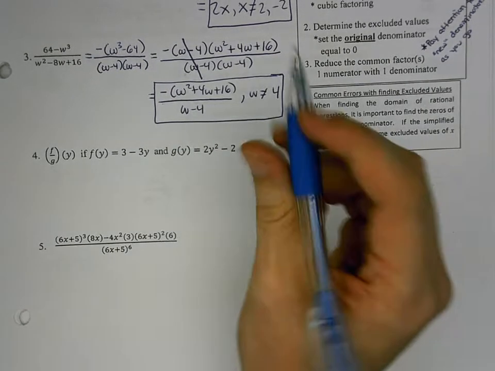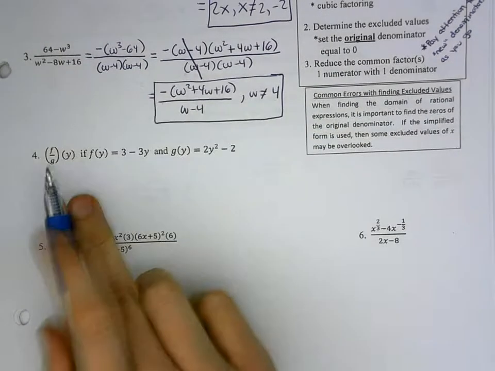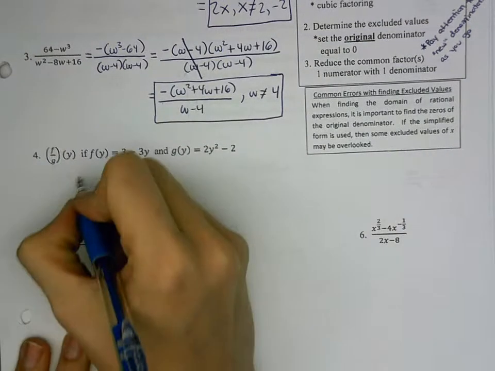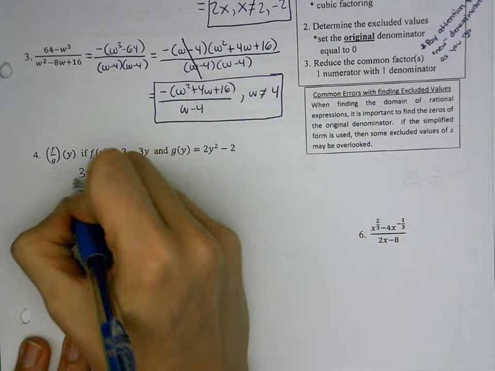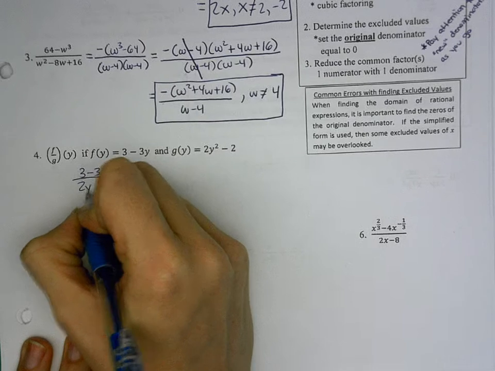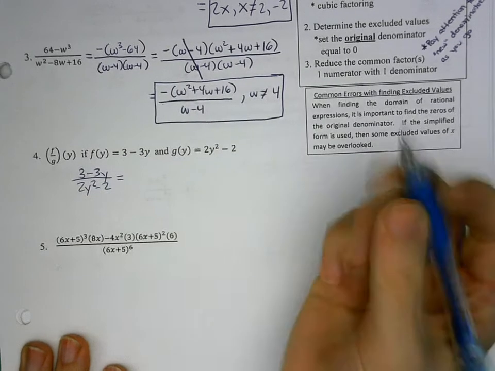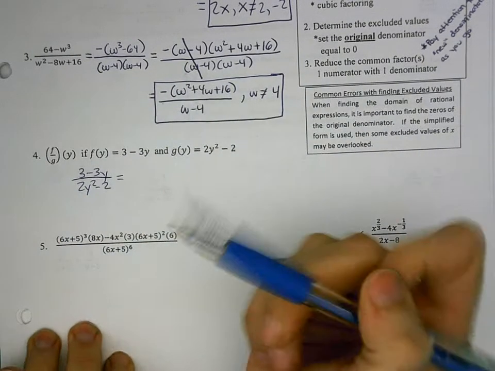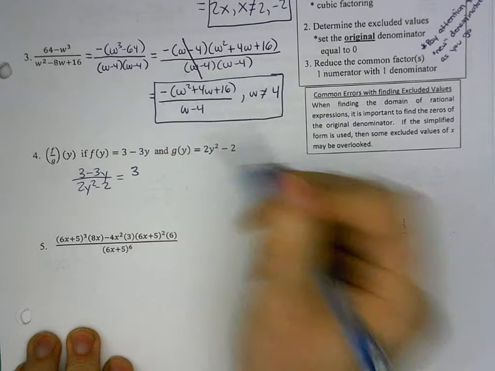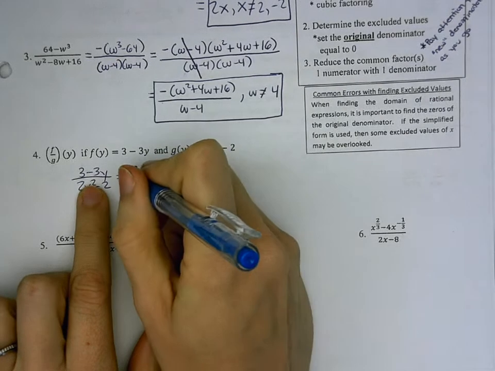Okay, number 4. We are doing f divided by g, so my 3 minus 3y divided by my g, 2y squared minus 2. Factoring this, a 3 comes out on top, and actually I'm going to go ahead and pull out a negative 3.